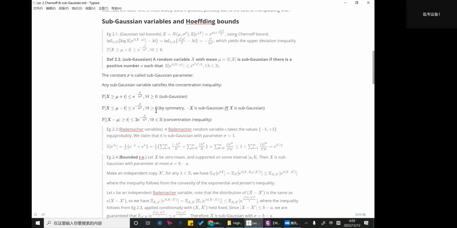So you combine these two subparts and get the two-sided concentration inequality like this. This is the direct property of the sub-Gaussian random variable.